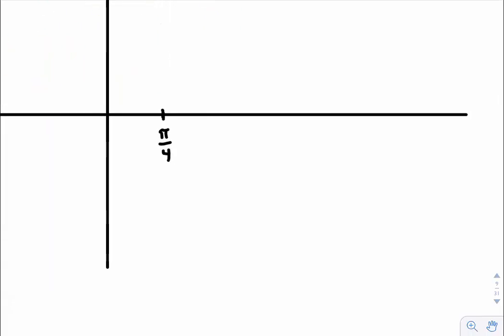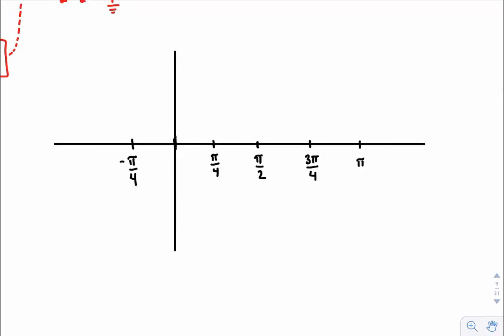So that makes the counting very easy here. So this is going to be 2 pi over 4, my next point, which is pi over 2. And then I have 3 pi over 4. And I'll just go out to pi. That seems good enough to me. And I'm going to go to the left a couple of points here. So one of those points is actually going to be right at the origin. And I'm going to go left one more, so negative pi over 4. There's really no limit to how far you go. It just makes me feel comfortable if I have that all written out there.